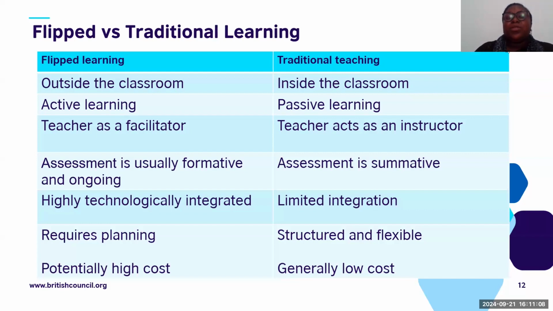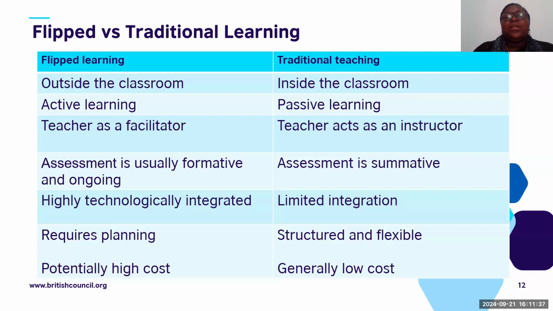Unlike a flipped learning situation where learners are active, we find them participating, we find them agitating, we find them willing to make relevant contributions, hence making the teacher more of a facilitator in a flipped learning environment. Unlike a traditional learning environment where the teacher is the instructor, the all-knowing, who considers the students as empty vessels where they need to input every material into them.